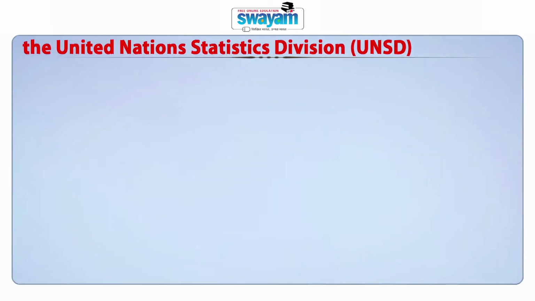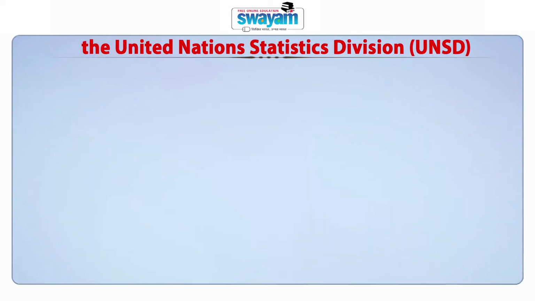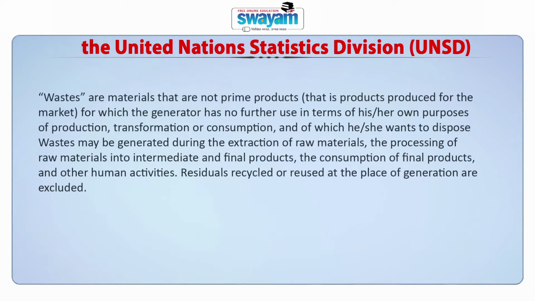According to the United Nations Statistics Division, sometimes called UNSD, wastes are materials that are not prime products, that is, products produced for the market, for which the generator has no further use for his or her own purposes of production, transformation or consumption, and which he or she wants to dispose of.